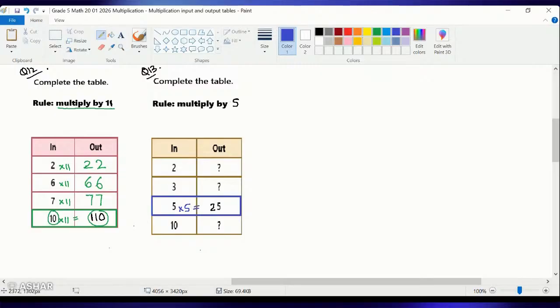And the rule is still there. So what should we do? If we multiply one input by 5, then all the input numbers would be multiplied by the same number, that is 5.